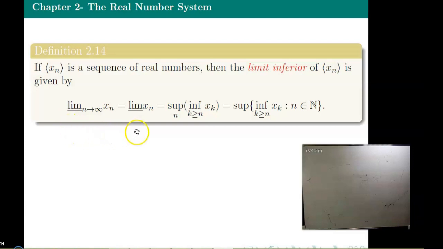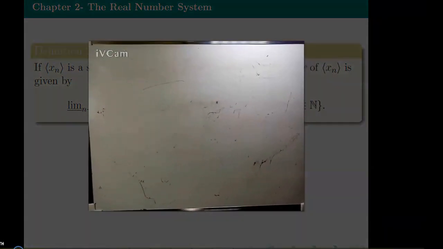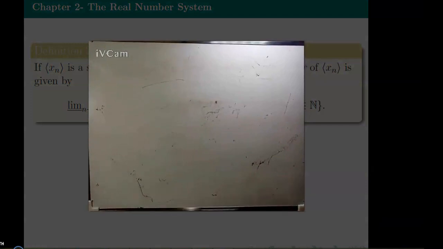So this is the lim inf of x sub n, which is equal to the supremum of the infimum of x sub k, where k is greater than or equal to n, for all n. So this is most likely the same as what I have illustrated a while ago.